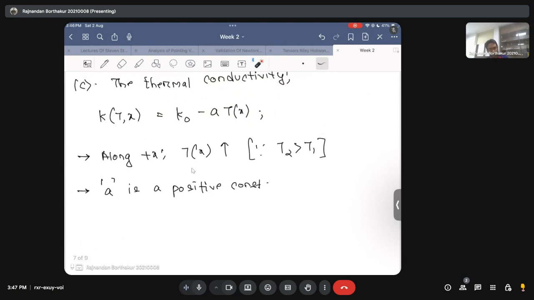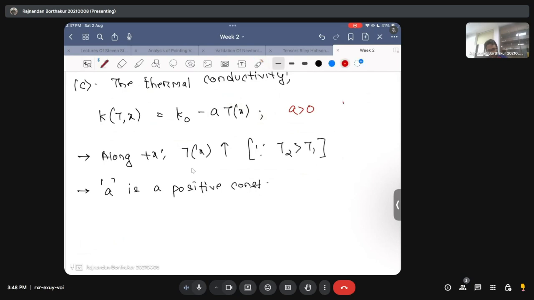We have figured out that when we move along the plus x direction, my temperature would essentially increase with x, and this is already given to us in the problem. And we know the functional form of thermal conductivity, I mean how it relates with temperature. And we also know that a is greater than 0, meaning that when I move along the plus x direction, this particular quantity would increase, but there is a negative sign in front of it.